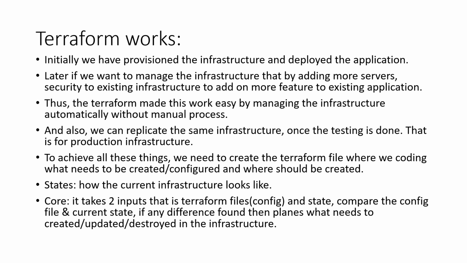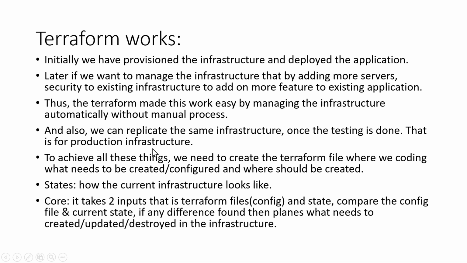In the planning section, the Terraform file will be reviewed: what exactly the current infrastructure is running, what needs to be added, and whether it requires any modification from the current file which is running. Everything will be monitored, and based on that it is going to deploy. So it will make the differences. We can create, update, and destroy everything using a single file itself, just by modifying very few lines.